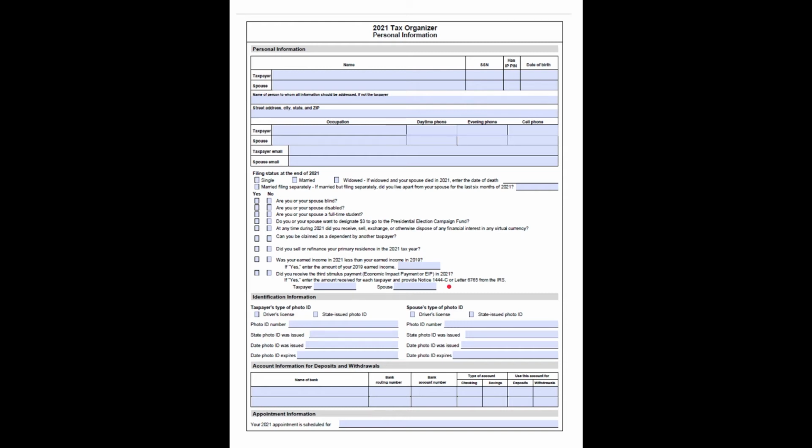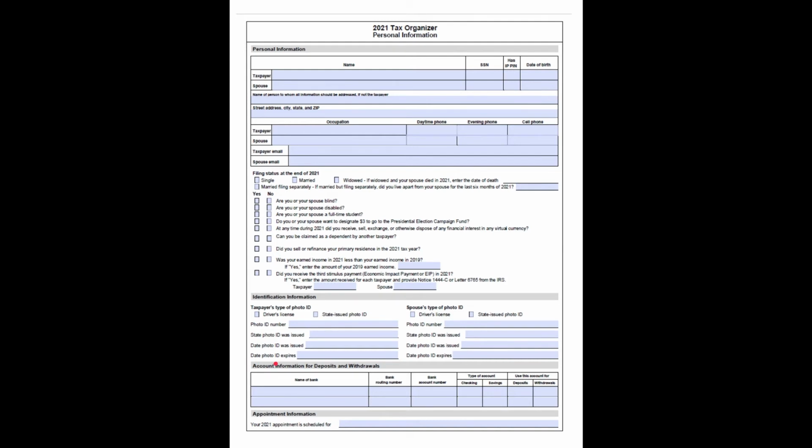However, if you have misplaced or discarded that, you will also receive a letter 6765 at the beginning of the 2022 tax year. And this is going to provide you with the final accounting of economic impact payments you received in the 2021 tax year.